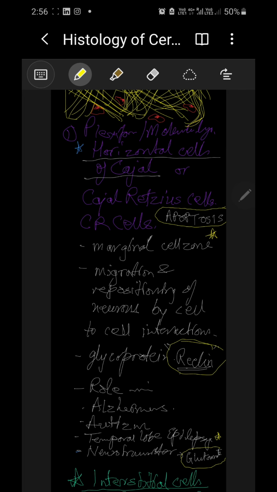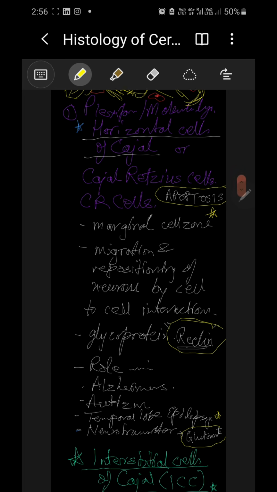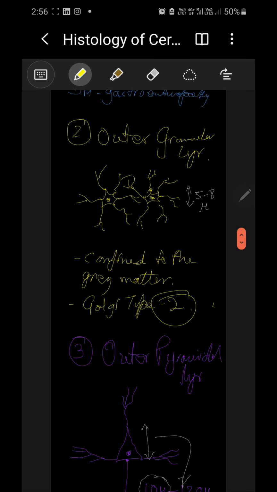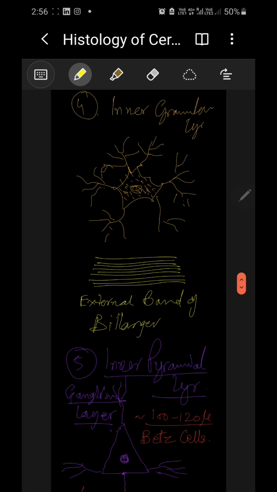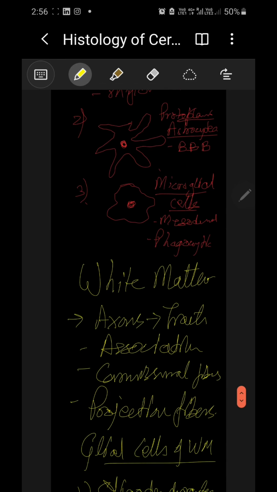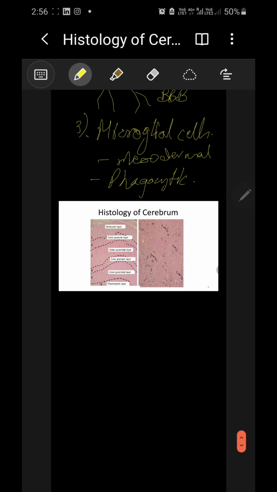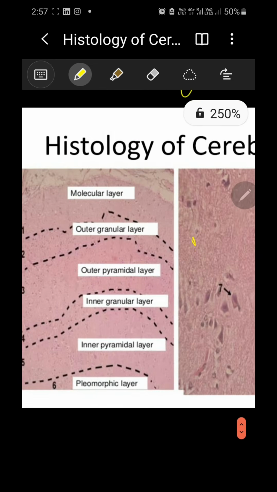So they undergo natural cell death, and that's called apoptosis. So remember this point also, that Cajal cells are not present throughout life, but of course, as I have mentioned, a few cells will be present even in adult life.